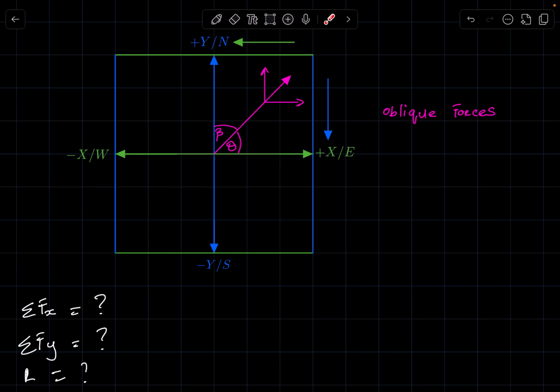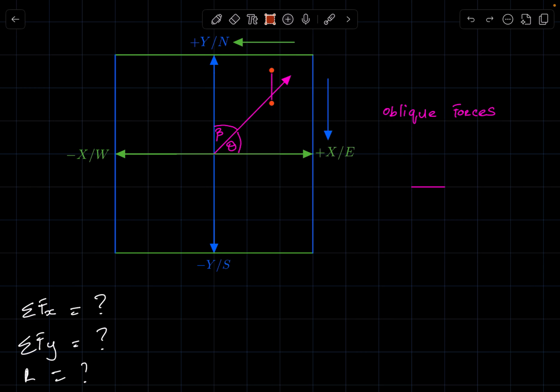So for instance, we want to resolve this into its components, and in resolving this into its components, we must make sure that its components are headed in a direction that is following this one.